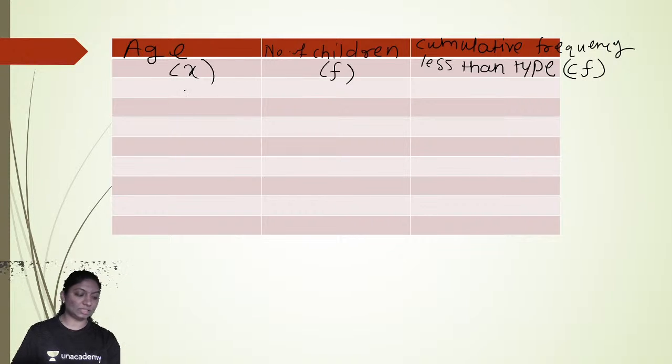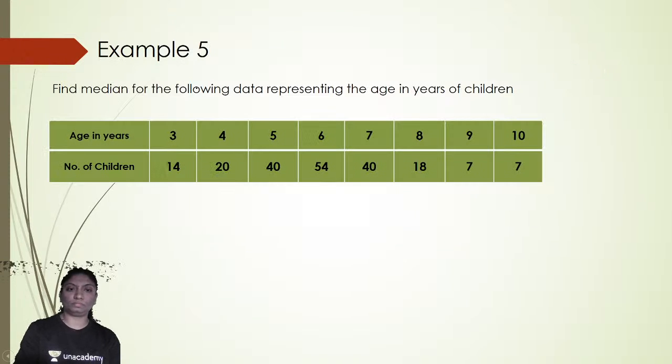Write the data. Age x is given: 3, 4, 5, 6, 7, 8, 9, 10.